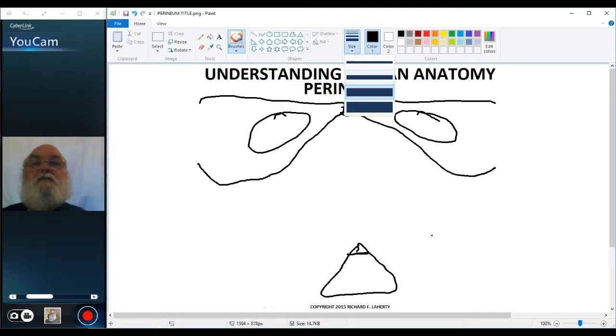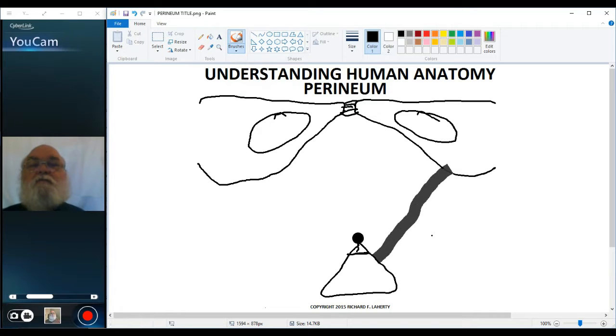and then we'll need to draw in the sacrotuberous ligament, like so, and we'll need to sketch in the two tubes passing through the male perineum, the urethra and the anus, like so.